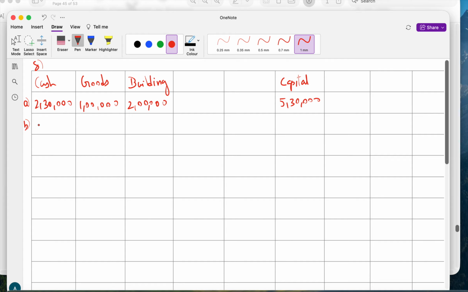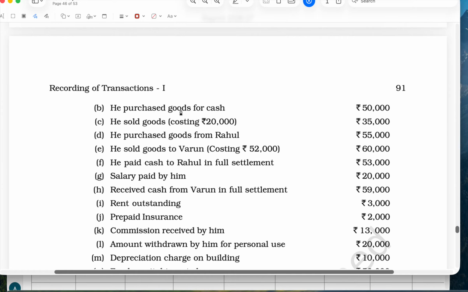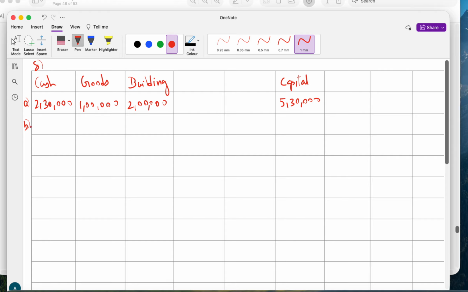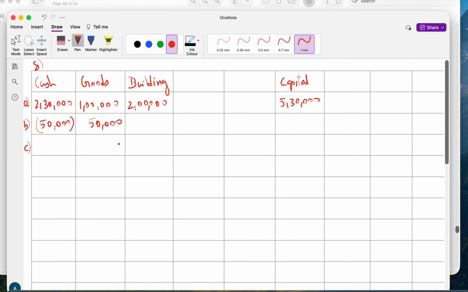Then second transaction, he purchased goods for cash 50,000. So he spends 50,000 to purchase goods. Okay. Then he sold goods costing 20,000 for 35,000.